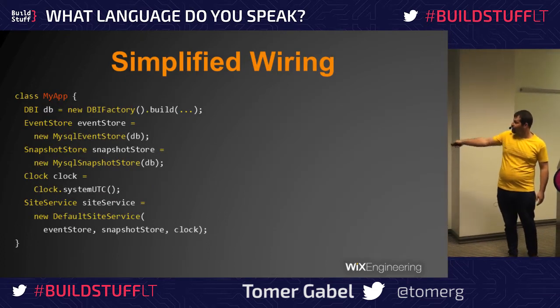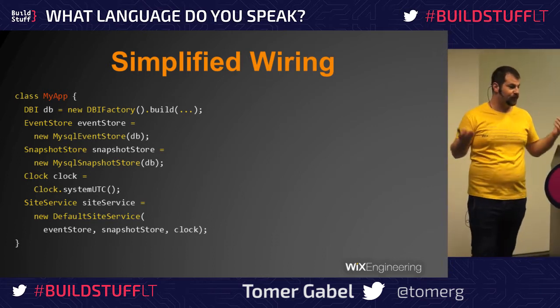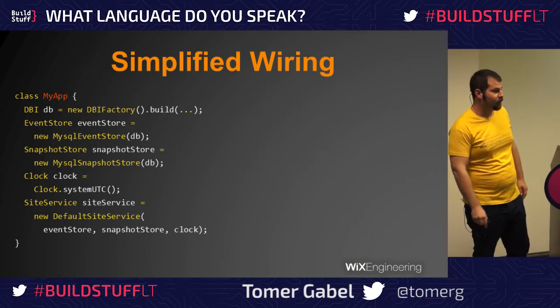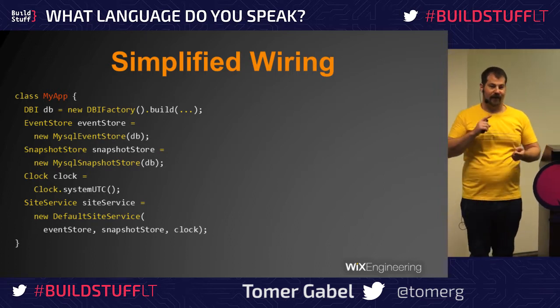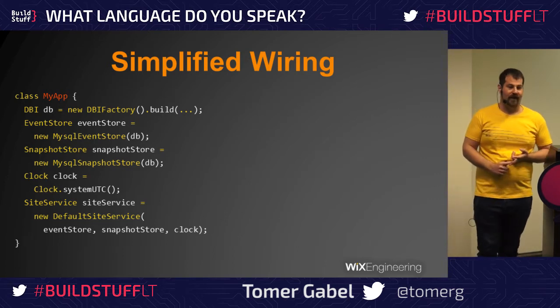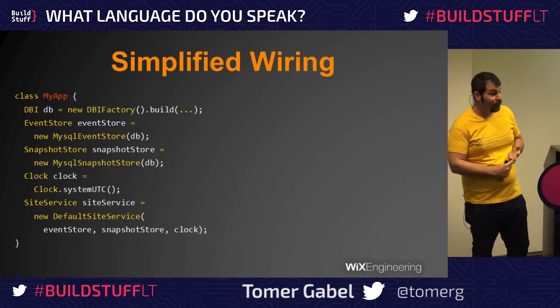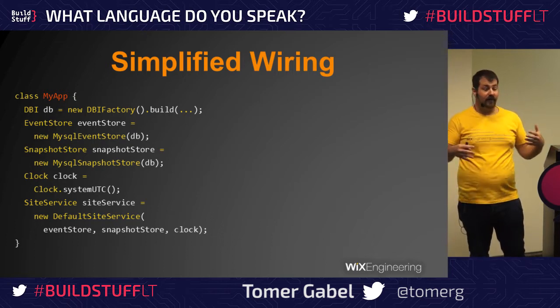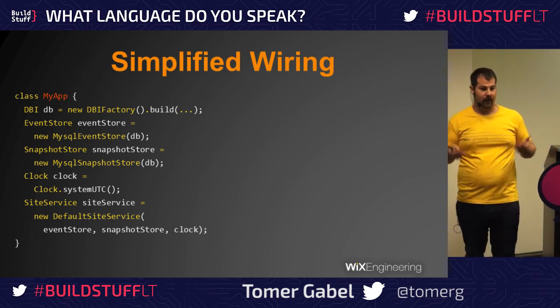What we have here is a class representing some sort of application, and it builds up the relevant components. So you might have a database access layer, you might have an event store, you might have a snapshot store if you're doing event sourcing in CQRS, you would have a clock, you would have a service, right? You have all of these different components that have to be built up and wired up together.